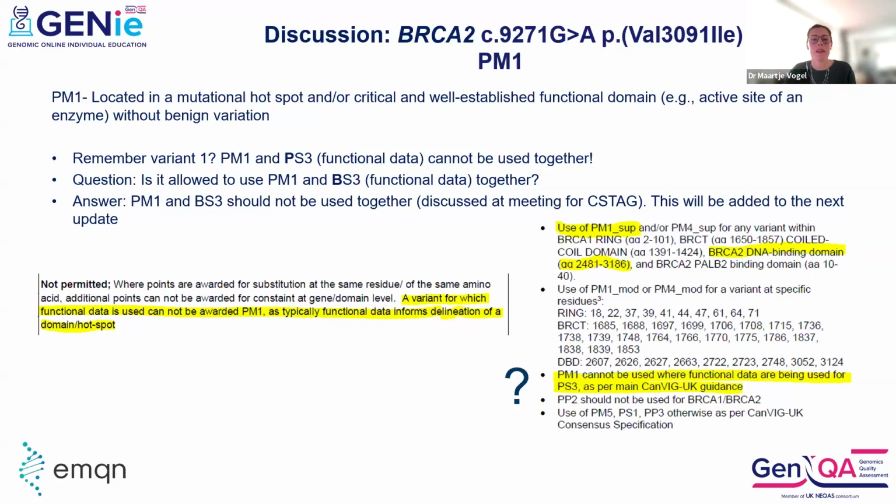So that's not independent evidence anymore. On the other hand, and that's in the right panel, the yellow highlighted line next to the question mark, there you explicitly can see that PM1 should not be combined with PS3, but it's a bit unclear if this also holds true for BS3.